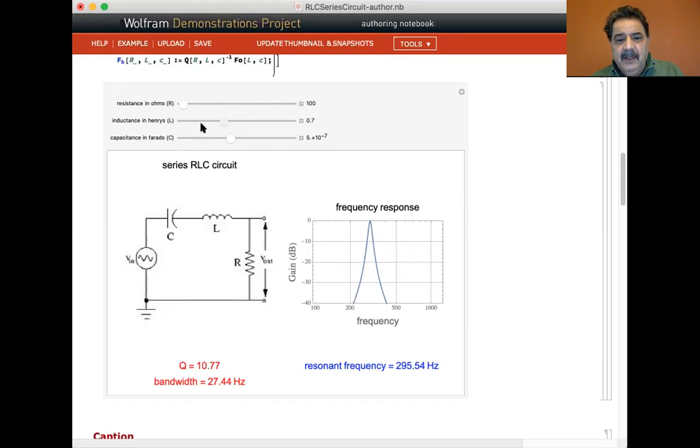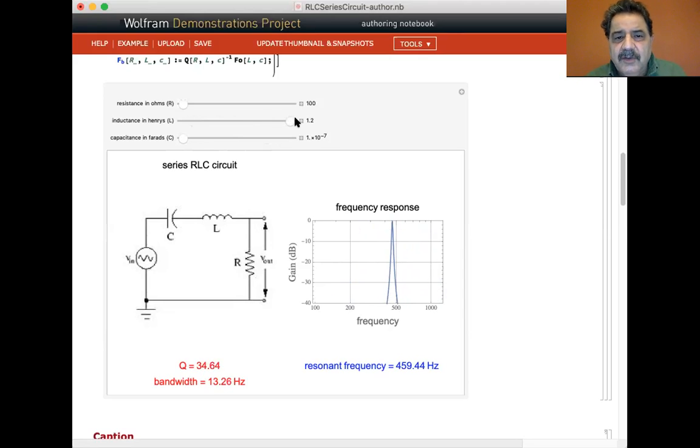As I go up in frequency, it gets broader, and Q is changing. I can get this up to about a Q of 20. Let's go in this direction. Oh, there's a Q of 26, very narrow, very sharp. And let's see if I bring that down there. There we've got a Q of 34, very, very narrow.